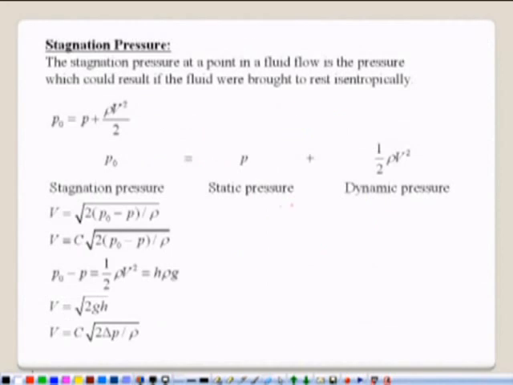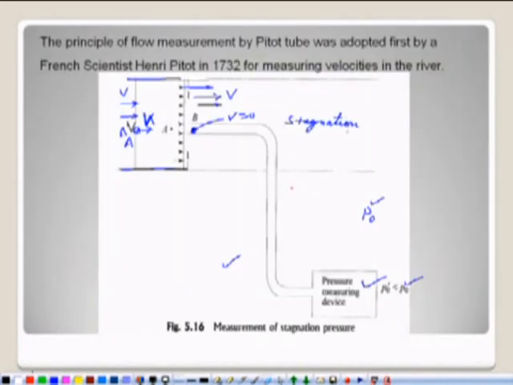Now we can write the relationship between static pressure and stagnation pressure in comparison to the previous figure. In this figure, if we apply the Bernoulli equation at points A and B, then we can write this equation.